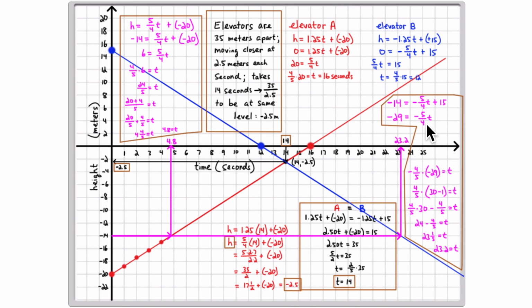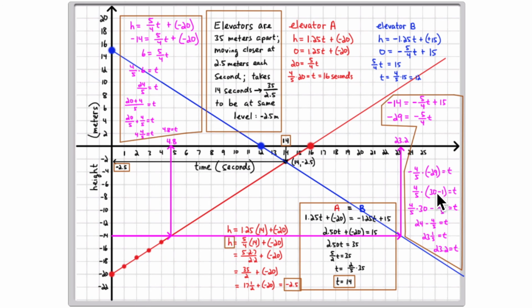And this is a negative 5/4 meters per second. So now when you multiply, you're going to multiply by the multiplicative inverse, a negative 4/5. So a negative 4/5 times this negative 29 here. Well, negative times a negative is a positive, so you can rewrite this as 4/5 times a positive 29.